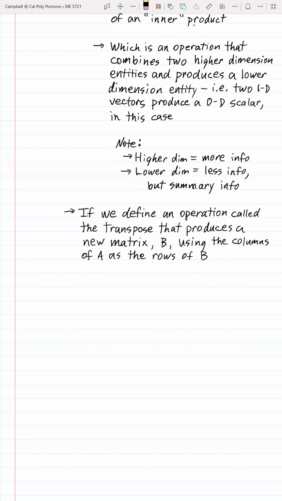So if we have a matrix A, let's go ahead and give ourselves an equal sign.